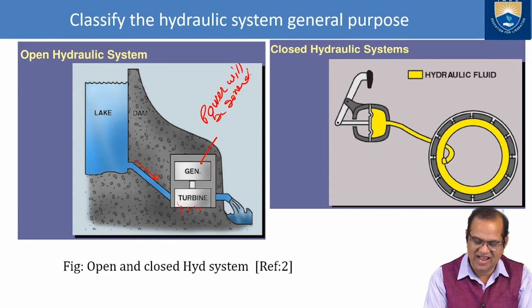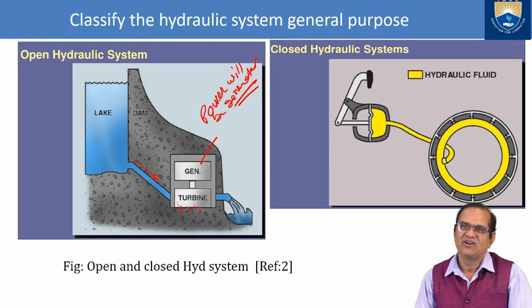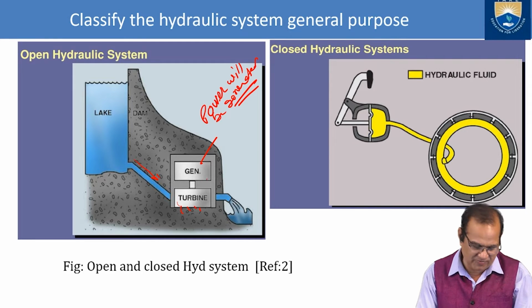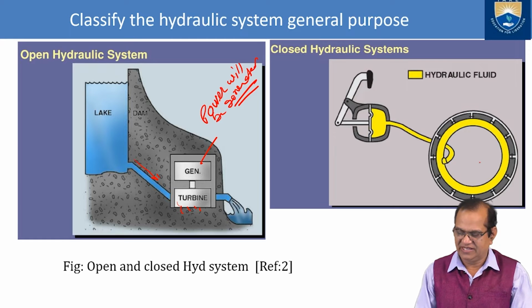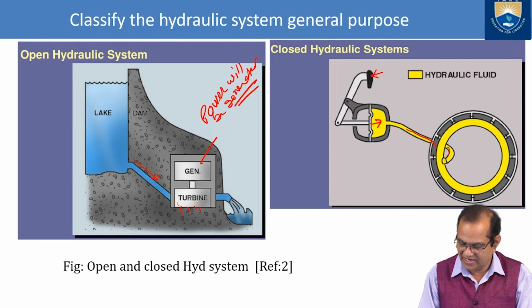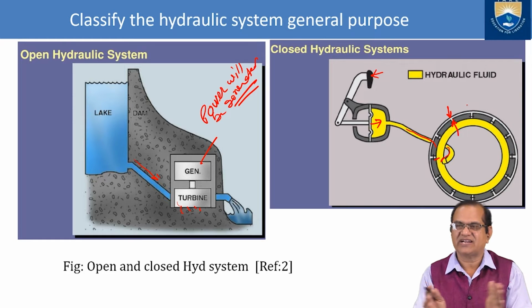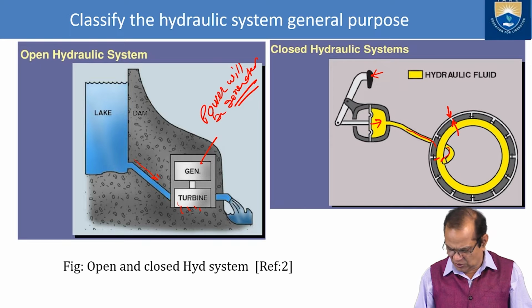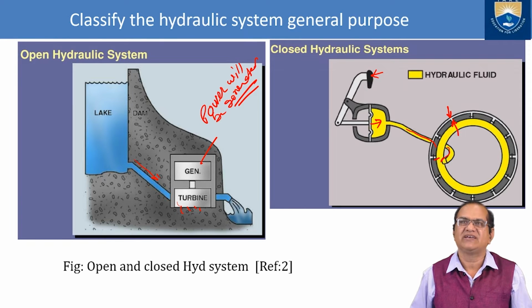So it is called hydraulic power. This is the hydraulic power plant. And if you see here the hydraulic fluid, it is a closed one. It is for the brake system. So you are pressing here, it will press this and this will go here, and it will press here and these shoes will be contracted, and this is called a closed loop system of the hydraulic fluid.